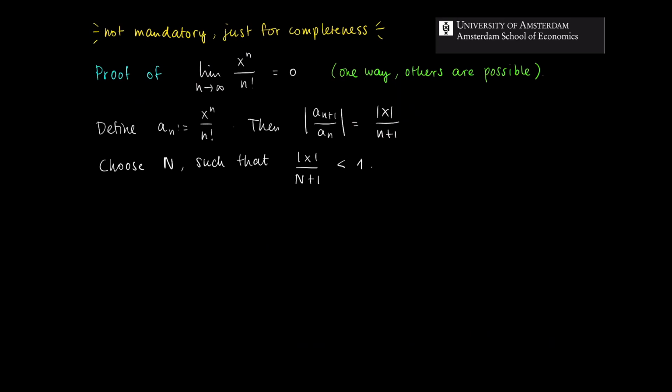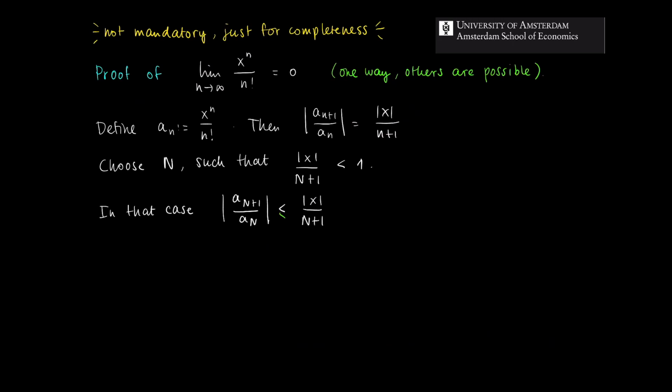And in that case, what we can see is that the absolute value of the fraction a_(N+1) divided by a_N is smaller than 1. It's smaller than 1, but it's also smaller than this fixed term, the absolute value of x divided by capital N plus 1.